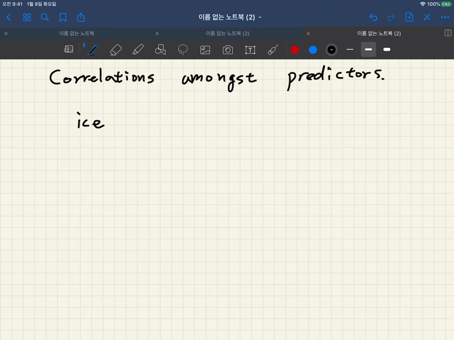But one interesting situation we can always observe: when ice cream sales increase, we always observe more shark attacks. So the more ice cream, the more shark attacks. From this, you might think, okay, to reduce shark attacks, we have to ban ice cream. Is it a good idea? No.